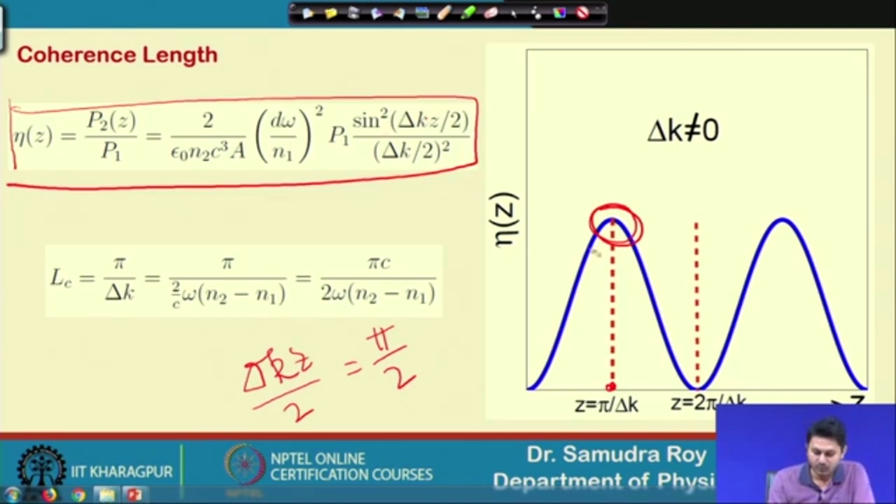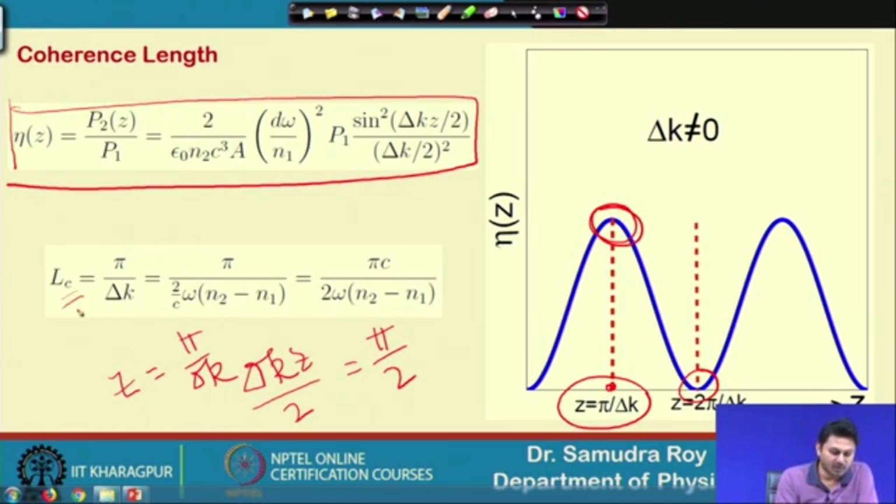So this value will reach a maxima when we have this condition, which means z has to be equal to pi by delta k. That is the point which is indicated here, and at that point we have a maxima. On the other hand, we will have a minima at exactly twice that length. This particular length is called the coherence length, which is pi divided by delta k.